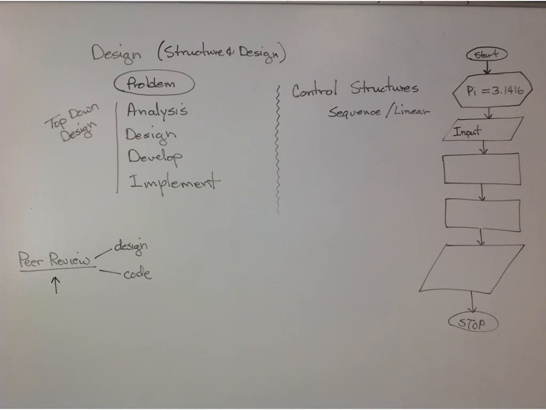So the whole thing is called structure and design. This top-down process. You make sure you understand the problem. You create a solution. For example, we're going to use some concepts of control structures. We have 3 main ones. The first one is sequence, doing things in a straight line, one after another. We'll talk more about that.